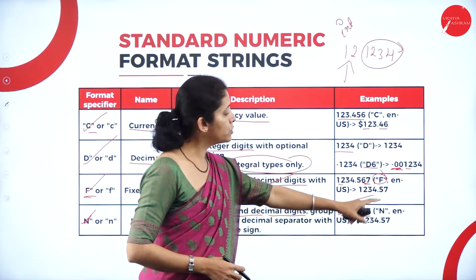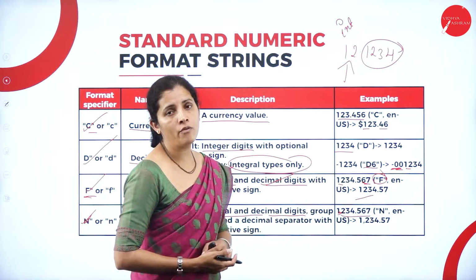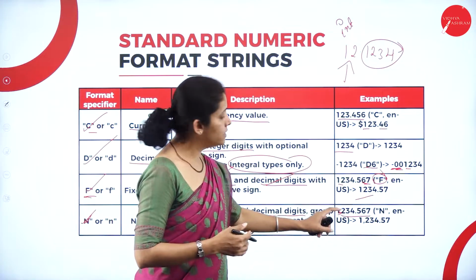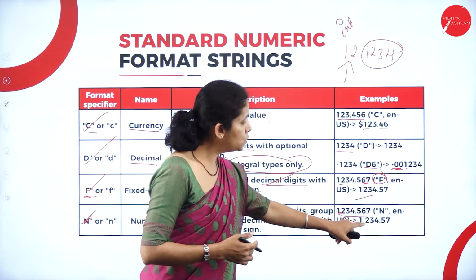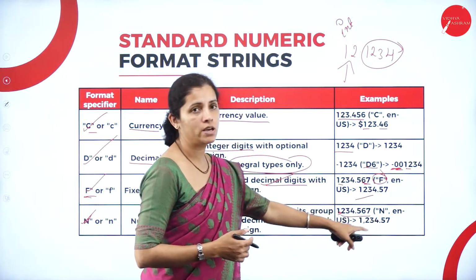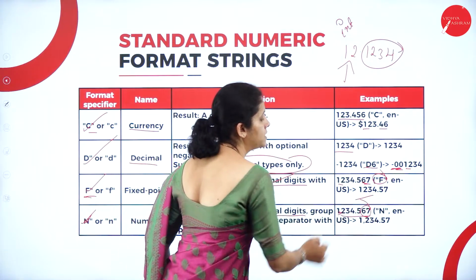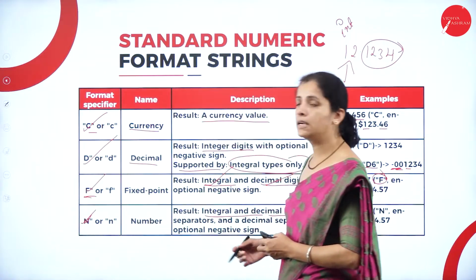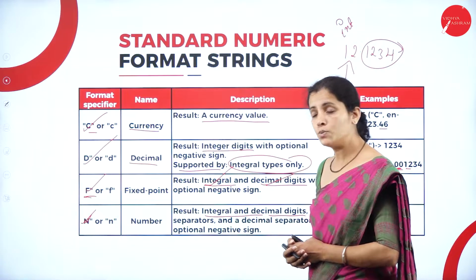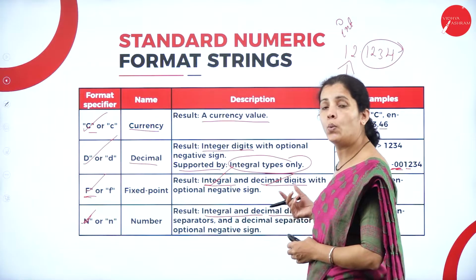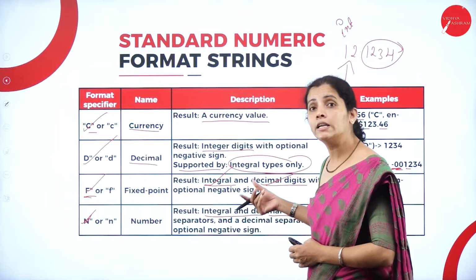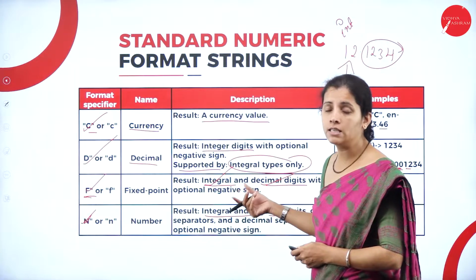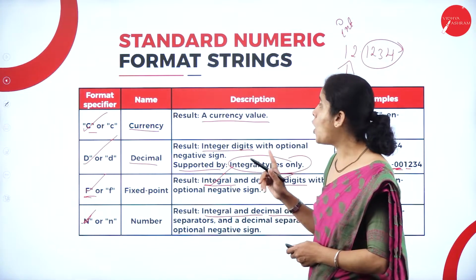Now I want to represent this in the USA format, that is 1,234.57. So I'm going to make this one once again a round figure. So what is number? It is an integer as well as decimal digits with a group separator, and it can have the negative symbol. So it is optional, that is, negative symbols are optional.